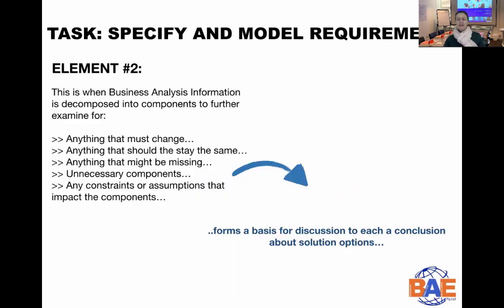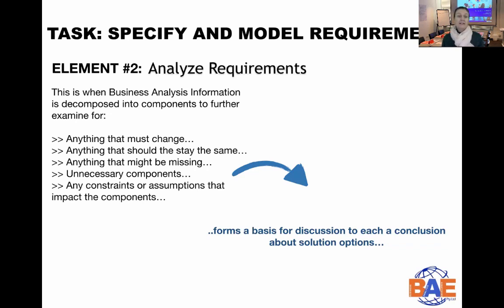Okay, so now let's have a look at the second element. Now with this one, it's called analyze requirements. And this is really when we're starting to decompose some of that business analysis information that you would have gathered as part of some of your elicitation activities. And this is all about finding those things, processes or functions or people or structures, anything that must change, anything that must stay the same.